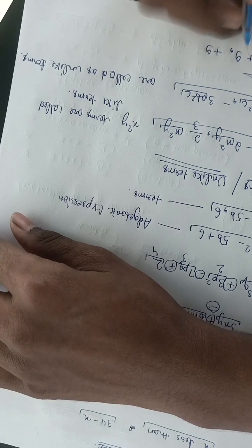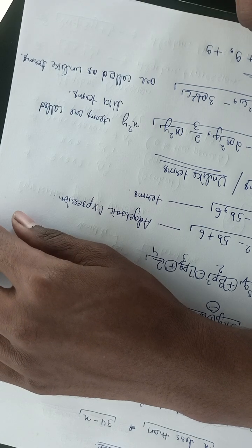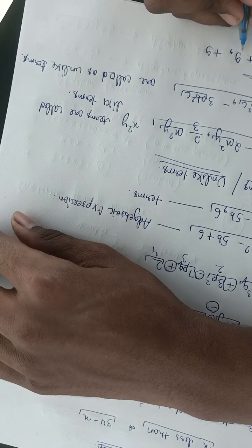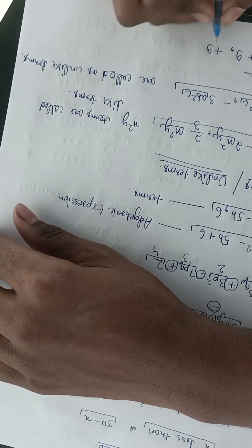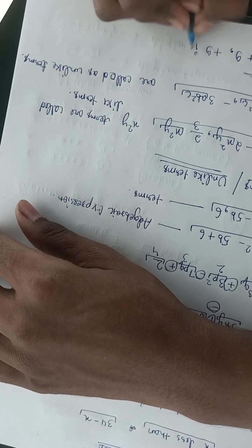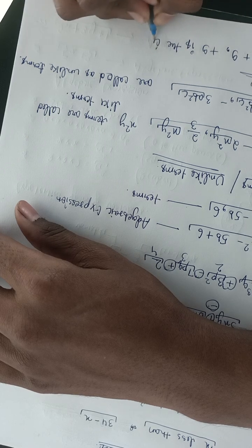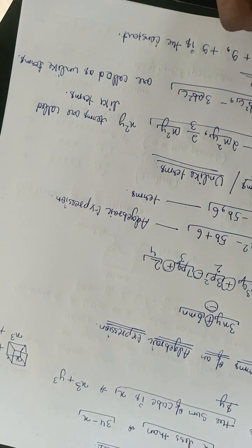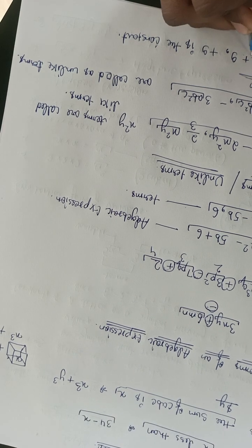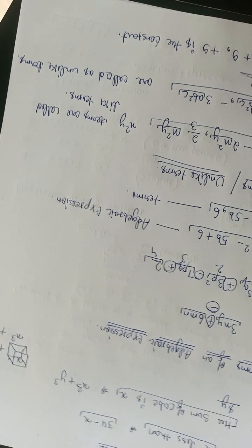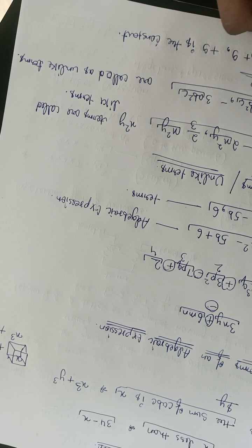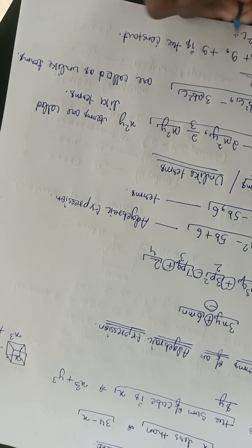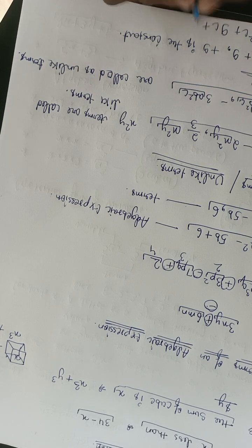Okay, this is having a variable, this is having a variable, but this is a constant. Plus 9 is the constant. So in any algebraic expression, a term that does not contain a variable is a constant term. Suppose we take another example: 2a square b plus 4ab plus a square b square c plus 9c plus 9.